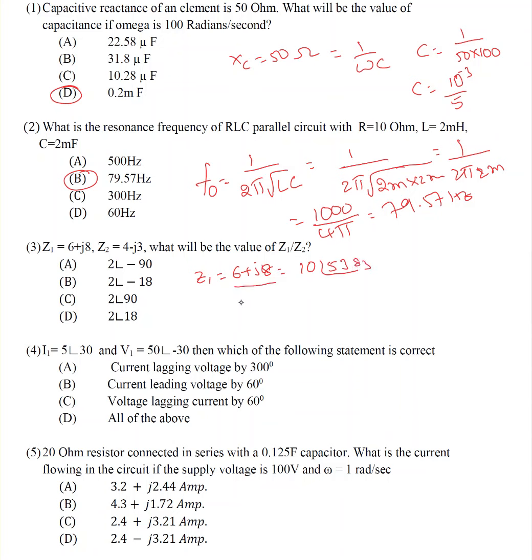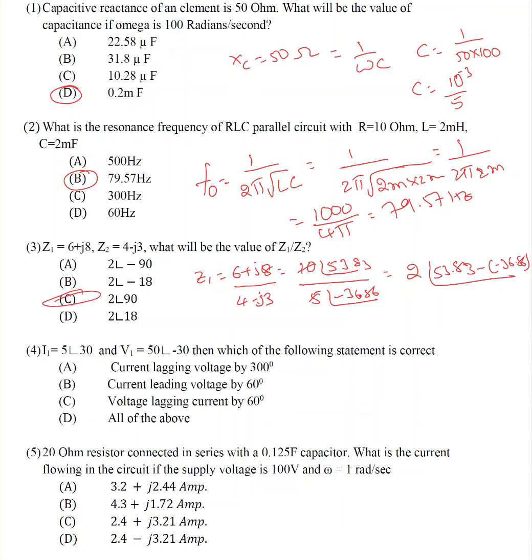Okay, and Z2 is 4 minus J3, which equal to 5 at an angle of minus 36.86. So 10 over 5, which is 2, and you're going to subtract the angles. 53.83 minus 36.86, so we'll end up with 90 degrees, 2 at an angle of positive 90. So C is the right answer.